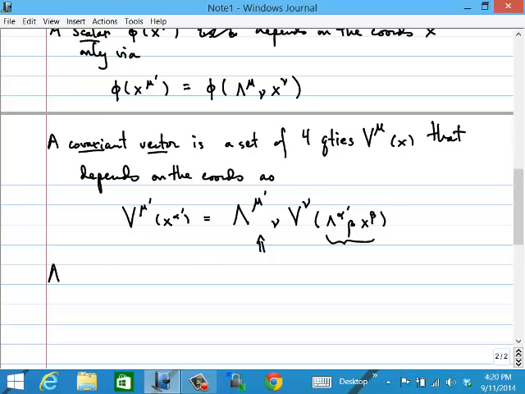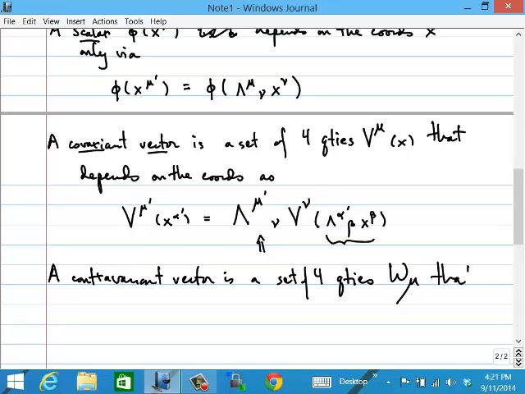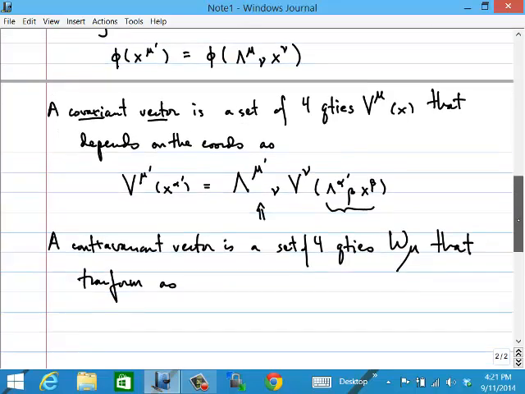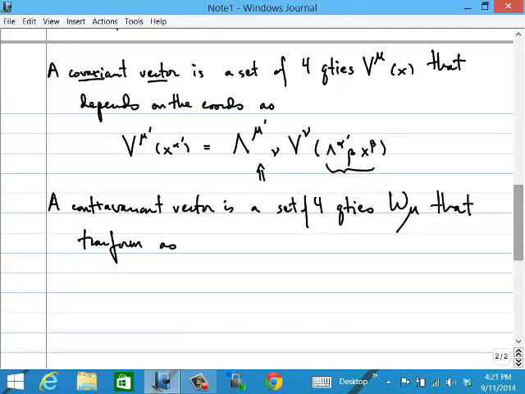So that's a contravariant vector, and a covariant vector is a set of four quantities defined with a lower index rather than an upper index that transform in precisely the opposite way.